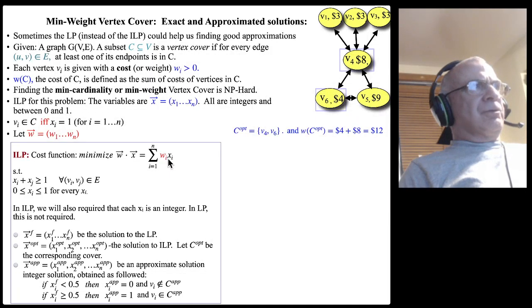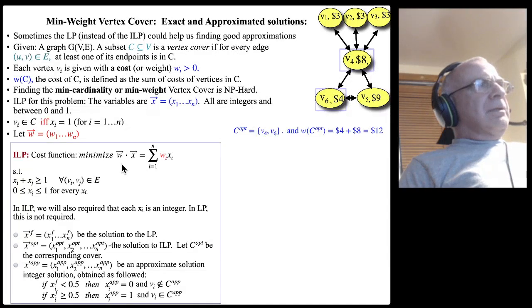In vector notation, using the dot product, this is just w vector dot product x vector, that is w1 times x1 plus dot dot dot w6 times x6 in this graph.